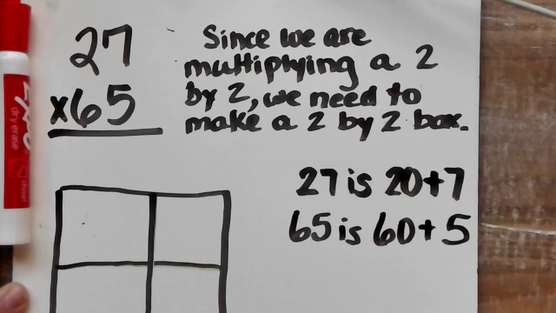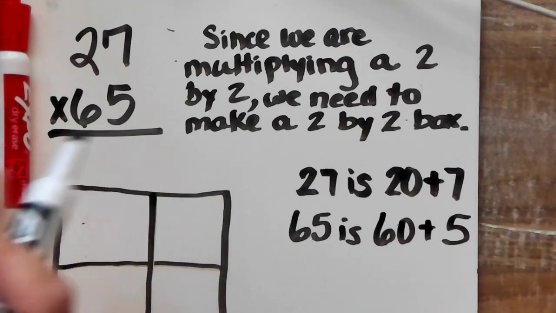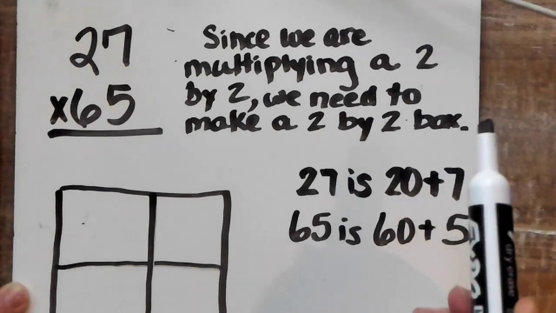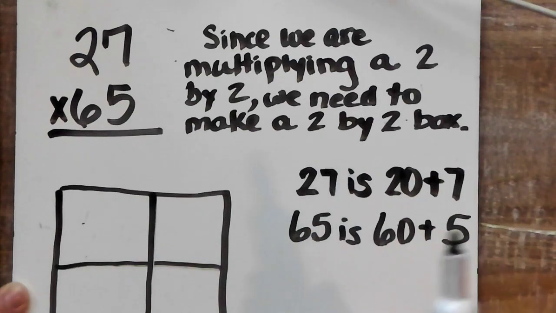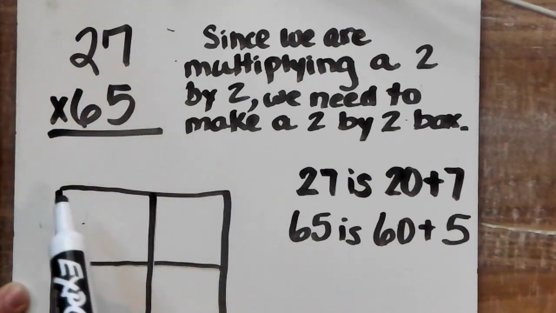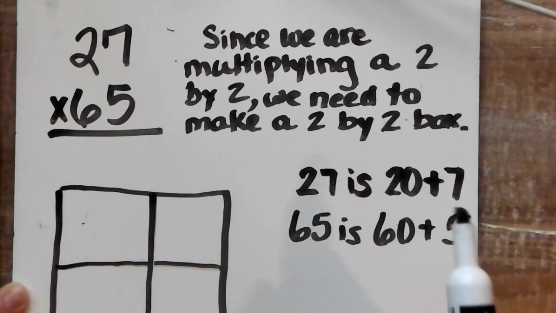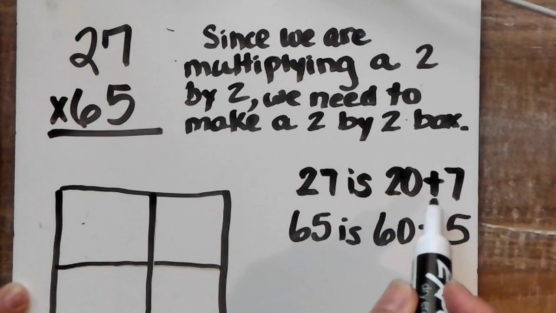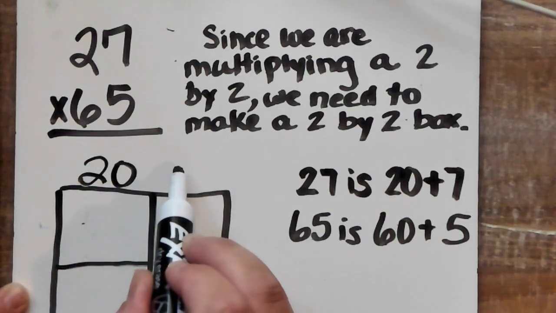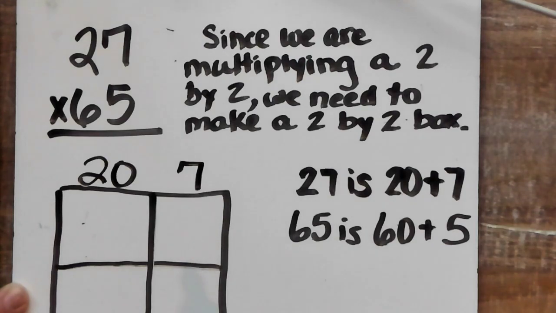Okay? Now is when you actually put it in your box and start the multiplying. Now, this is habit for Miss Creel. I generally write the first number, the top number, on the top of the box. But you write it in the expanded form, 20 and 7. So your 20 goes here, your 7 goes there. Okay?